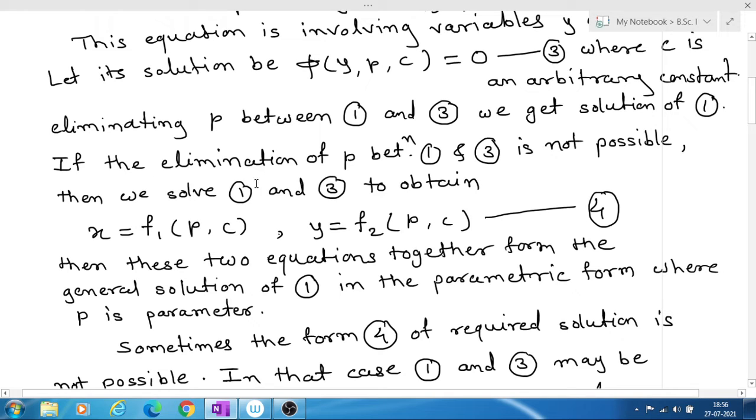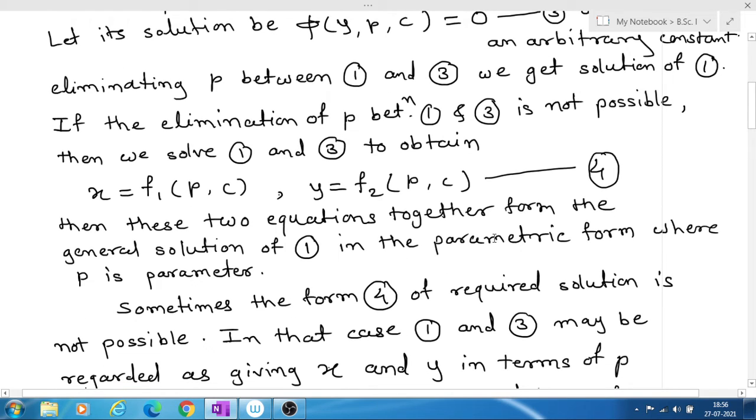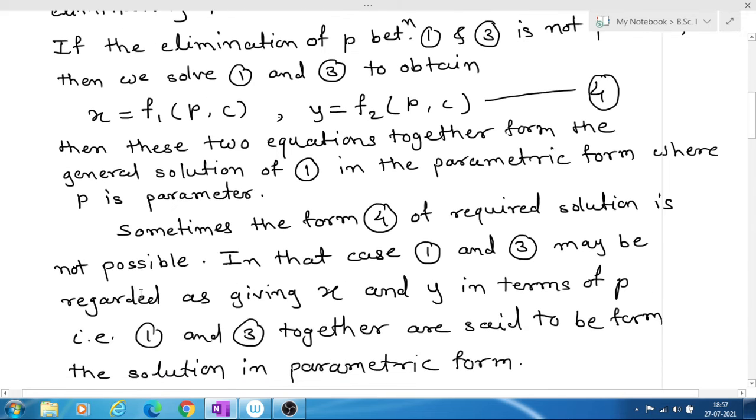If the elimination of p between equation 1 and 3 is not possible, then we solve equation 1 and 3 to obtain parametric equations. x is equal to some function f1 of p and c, and y is equal to some function f2 of p and c, and then these two equations together will form the general solution of the given equation 1 in parametric form. Here p is the parameter.